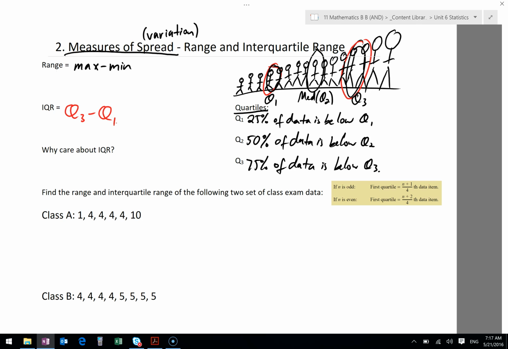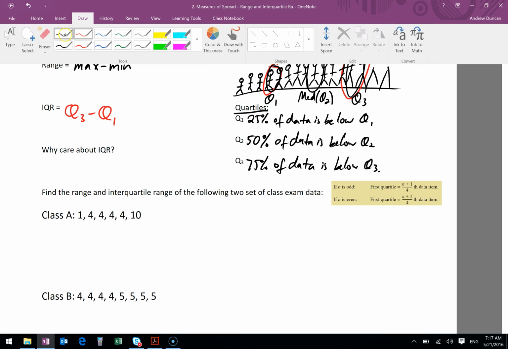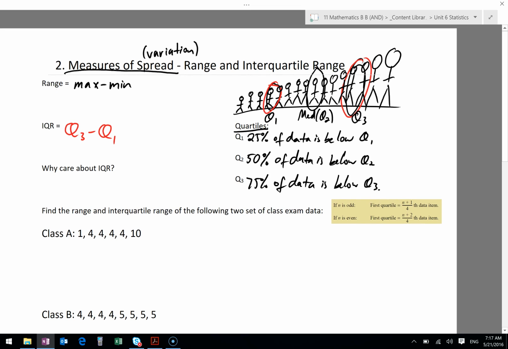Why do we care about the IQR? Well, imagine if in our class we suddenly had someone like Yao Ming come along, with an extremely long neck and a normal sized body. He's going to affect the range significantly. You can imagine the range is going to increase by how much taller he is than the previous tallest person. However, the interquartile range won't change at all because he's in the top 25%.